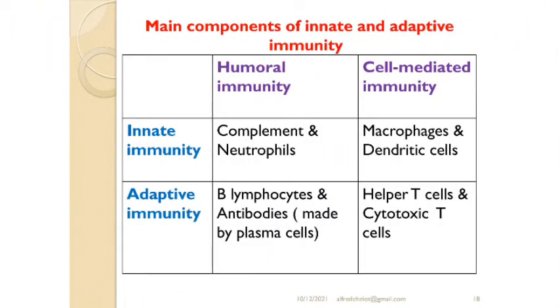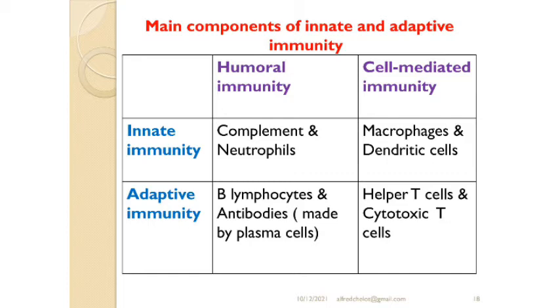You also need to know the main components of innate and adaptive immunity. Like I pointed out, innate and adaptive immunity have two arms, the humoral arm and the cell-mediated arm. We are going to discuss the major components of the innate and adaptive immunity under the humoral arm and under the cell-mediated arm.